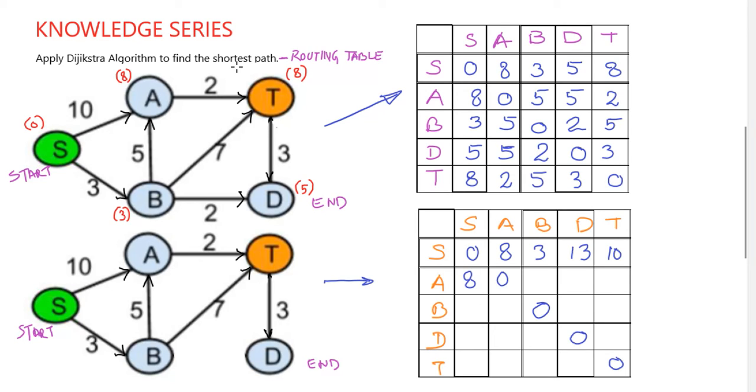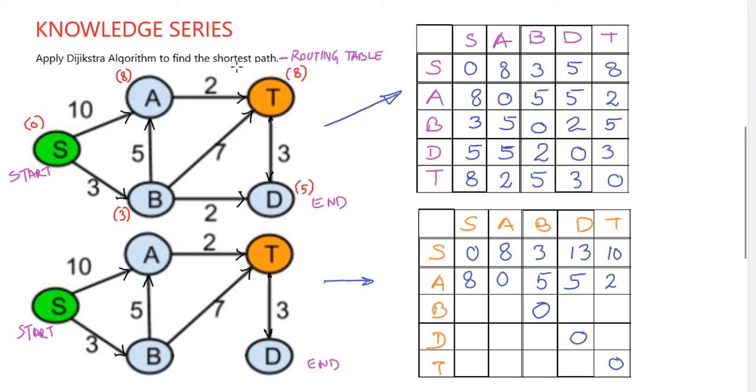And A to B remains the same, so it is 5. Then A to D. If you look across, this is 2 and this is 3, so automatically it is 5. A to T remains 0 plus 2, which is 2.